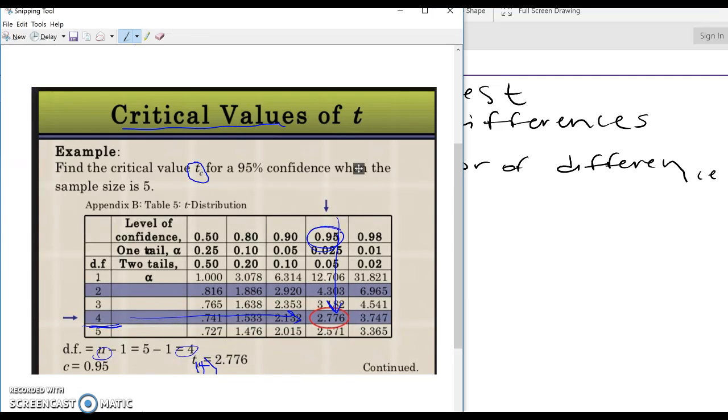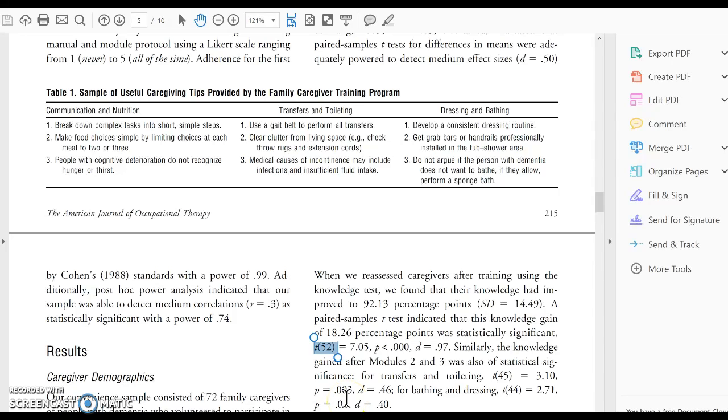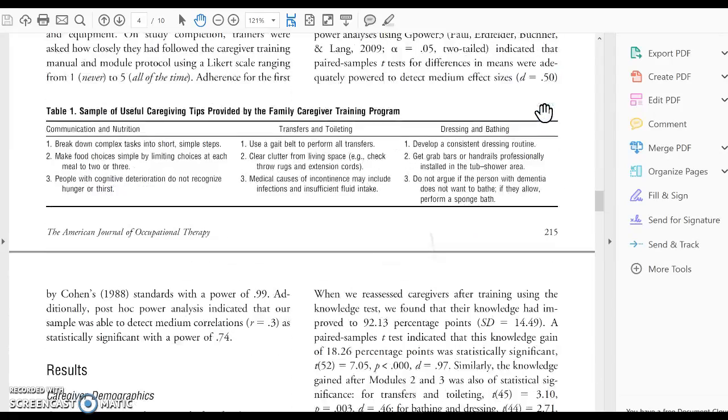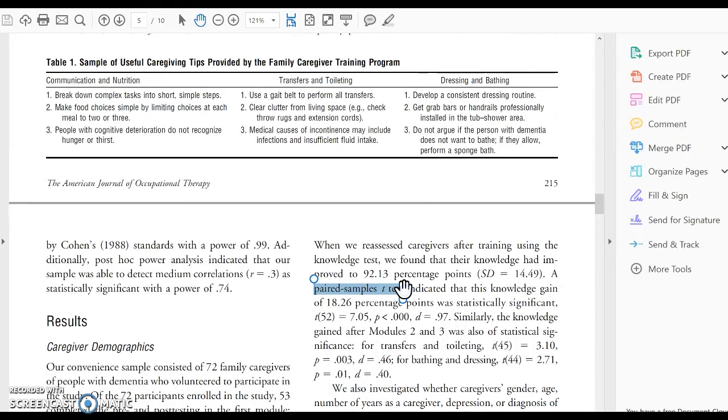In this case we used it for the sample size, which is very much true, but because they told us that this is a paired t-test, it also says down here, the degrees of freedom, which is this 52, is actually, well, n is the number of pairs of scores.